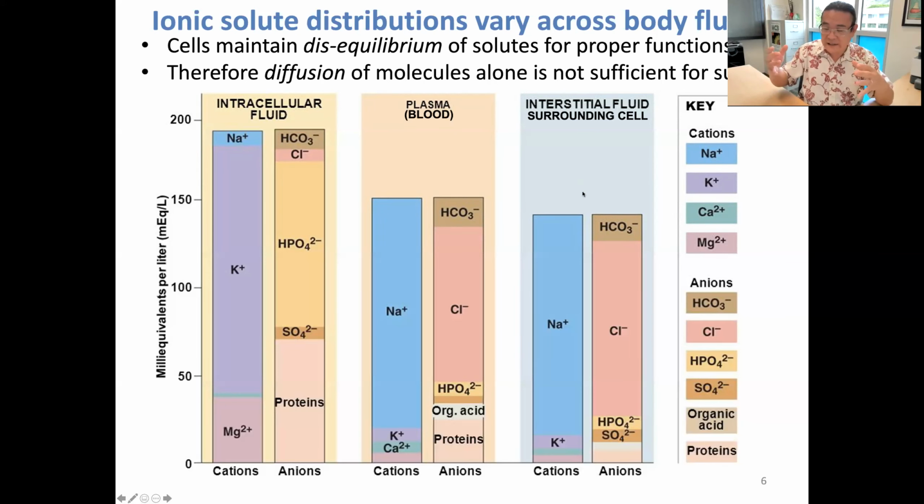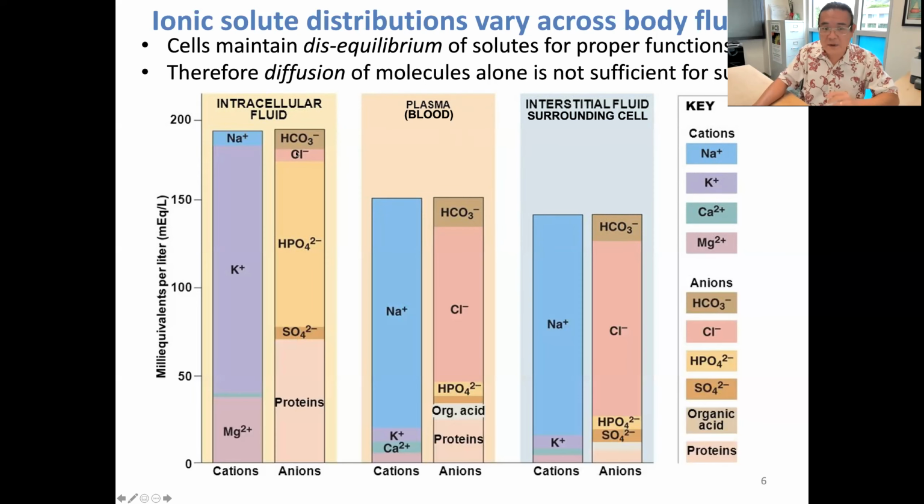Not surprisingly, the relative balance of positively charged solutes and negatively charged solutes in a particular compartment is more or less equal. That's what these bars are here. For each compartment you have the component cations, the positively charged ions in this fluid, and the negatively charged anions that make up the negative component of these fluids.